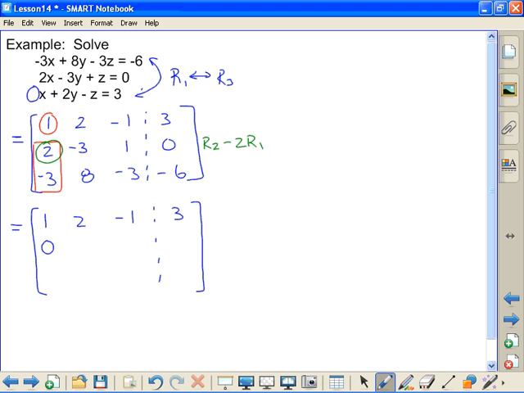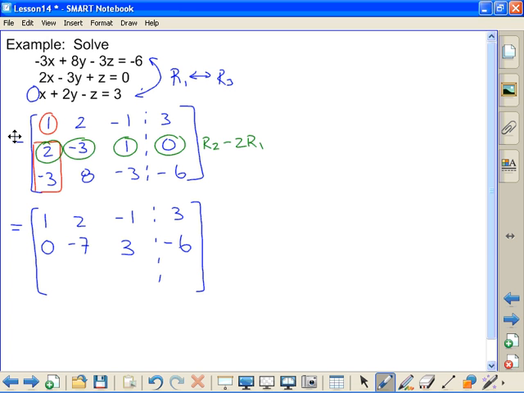Then I'll have the negative 3, and I'm going to subtract 4, so that's going to give me negative 7. I'm going to have the 1, and it's going to be adding 2, so I'm going to end up with a 3, and the 0, take away 6, gives me negative 6.